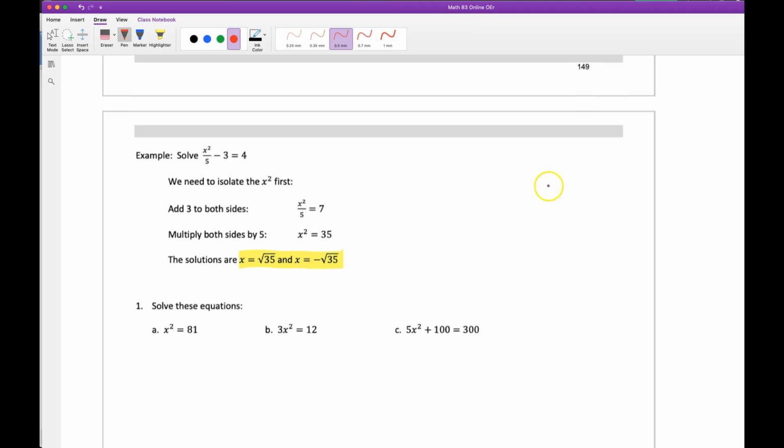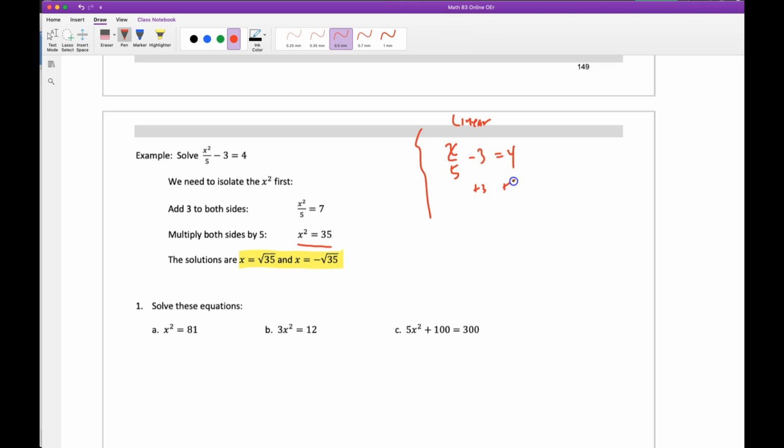So just like if we were solving linear equations, if it was x over 5 minus 3 equals 4, you would do these same steps. So the same thing works until you get all the way down to x squared equals 35.